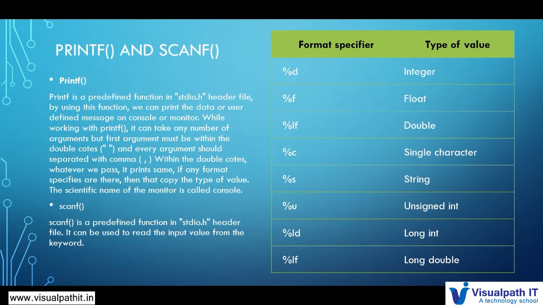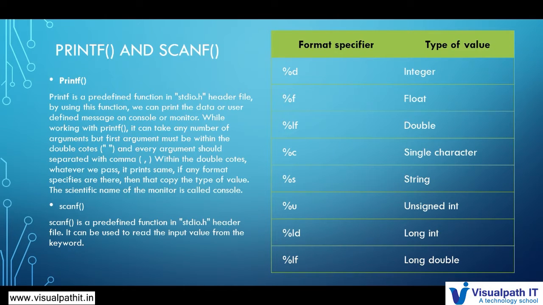A format specifier is used during input and output. It is a way to tell the compiler what type of data is in a variable, during taking input using scanf or printing using printf. For example, %d is a format specifier for integer type of value. %f is for float, %lf is for double, and likewise if you want to print a single character, we need %c.